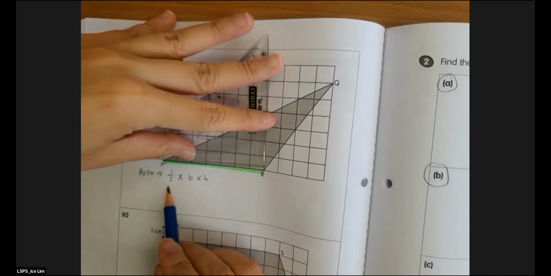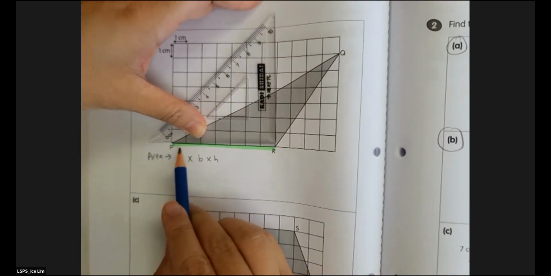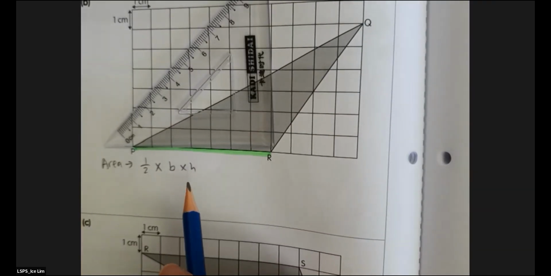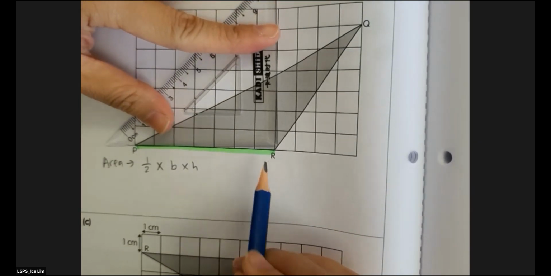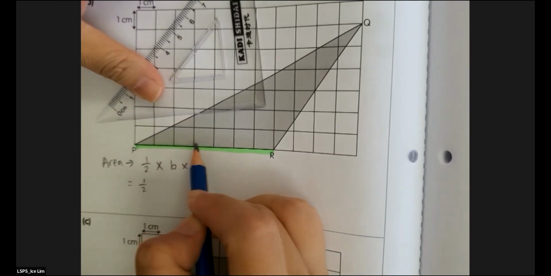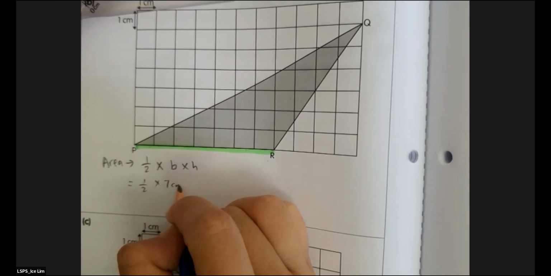Okay, so I have half times base times height. B for base, H for height. The base is any side of the triangle, so I choose PR. So that is half times 1, 2, 3, 4, 5, 6, 7 centimeters.